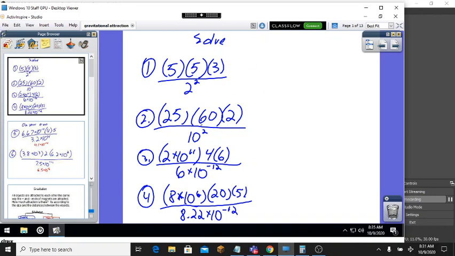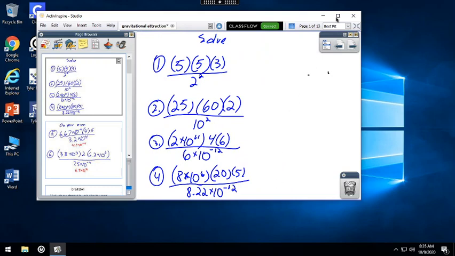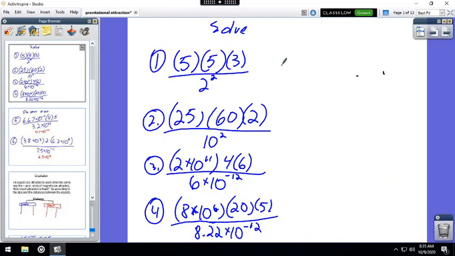Let's start off by doing this. It's a simple little exercise that involves just numbers, right? This is very similar to how the formula is going to look like today. Let's go ahead and multiply this: 5 times 5 times 3.